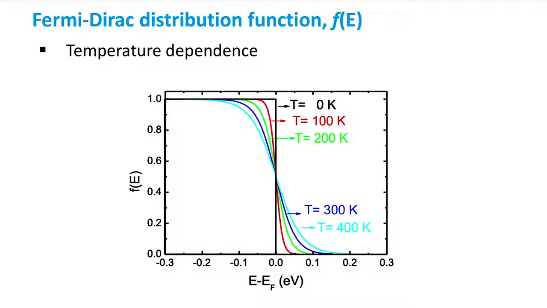The more the temperature rises, the probability of occupation gets higher and more electrons can fill these higher states. This is the result of thermal excitation. The excited electrons are getting energy from the ambient heat. If the temperature is higher than 0 Kelvin, electrons can occupy energy levels above the conduction band edge.